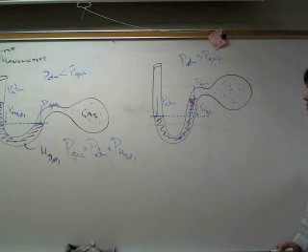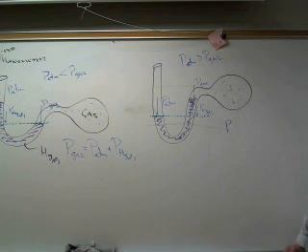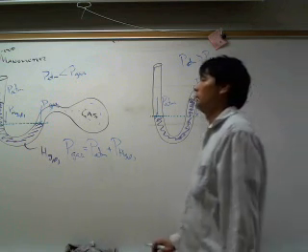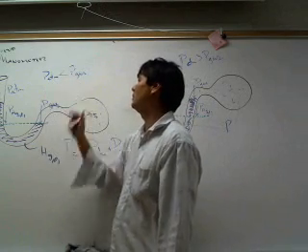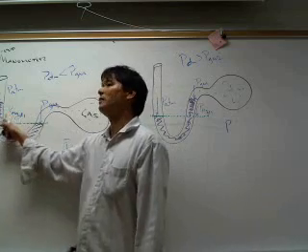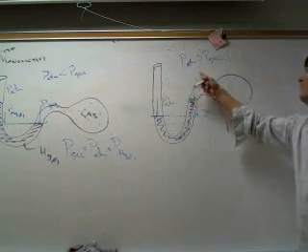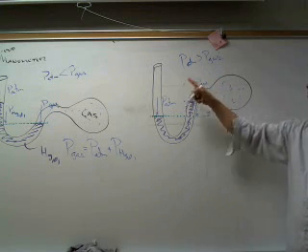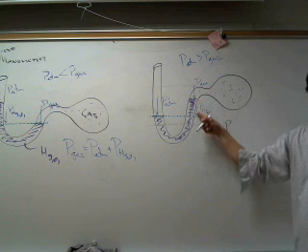And your book has a weird equation for this, which I don't really like. Your book says that if P atmospheric is less than P of the gas, then you treat this as a positive depth. If P atmospheric is greater than P of the gas, then you treat this as a negative depth.